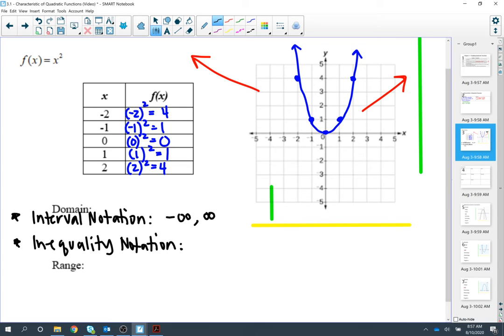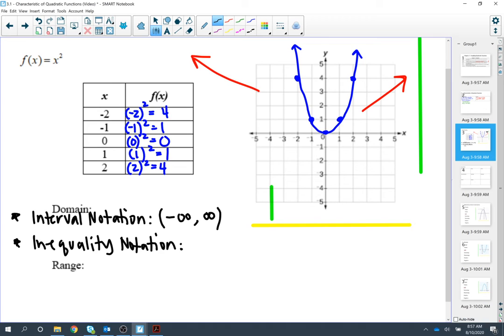Now we have this conversation of brackets versus parentheses. Brackets mean touching, parentheses mean getting really, really close to. You can't actually ever touch infinity, so we're just going to put parentheses on both sides of that, and that's interval notation.